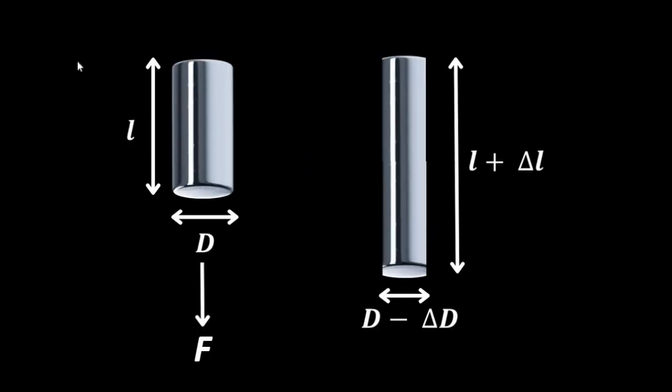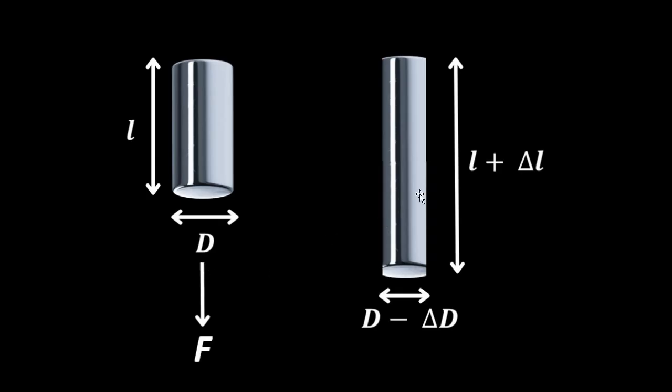we have an elastic material, a wire. It has a diameter d. Here I am introducing this parameter, diameter, because cross sectional area change will also come into play. So let's say we have a wire with original length L and diameter d. It is subjected to an external force.